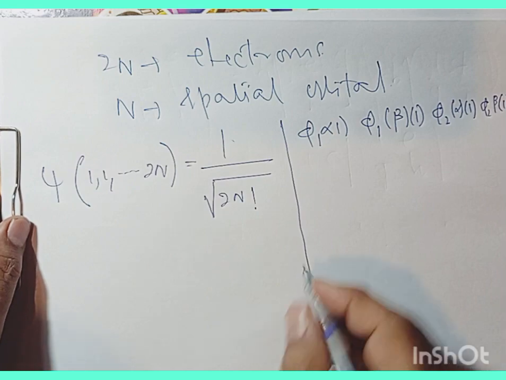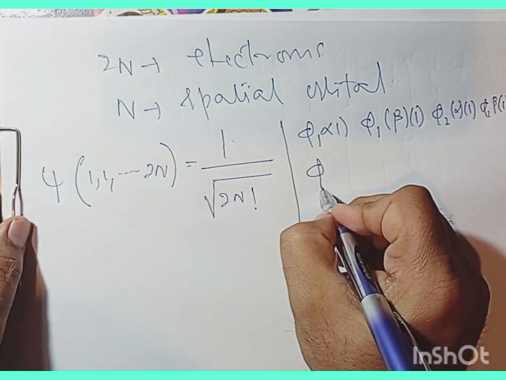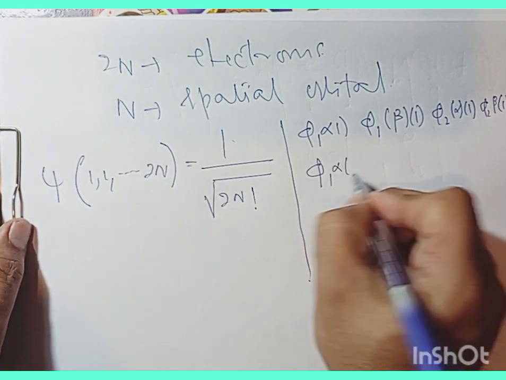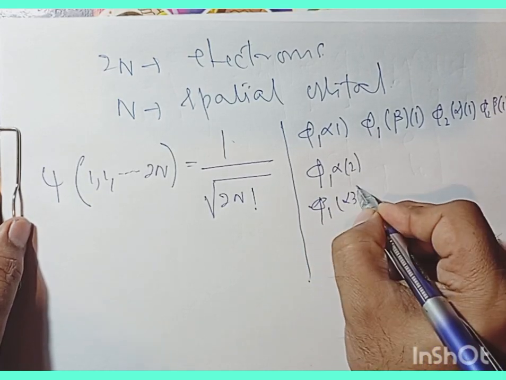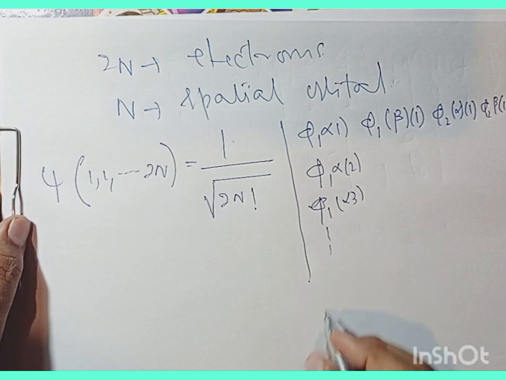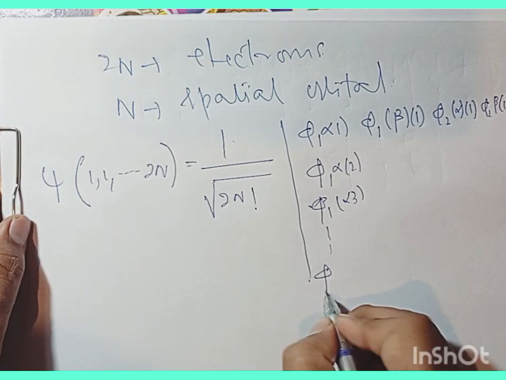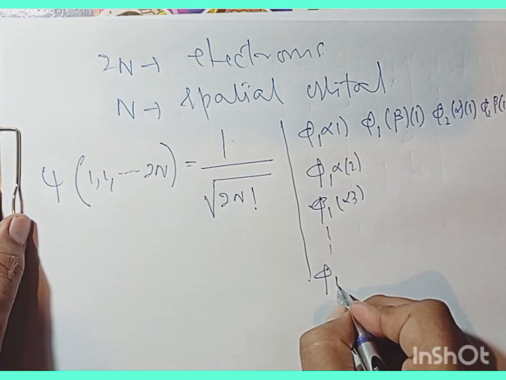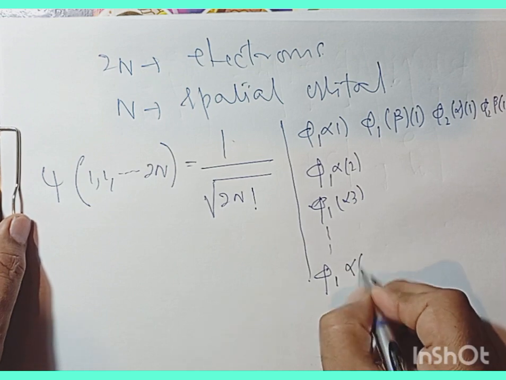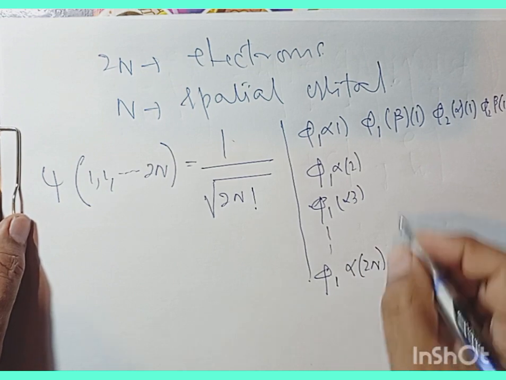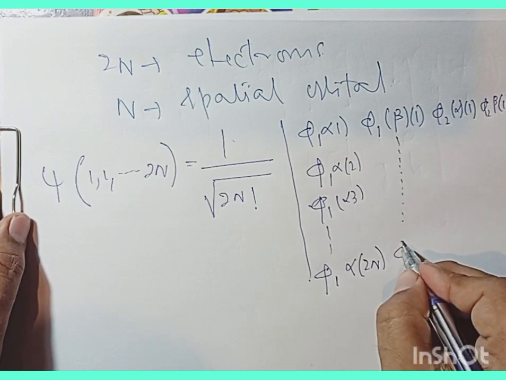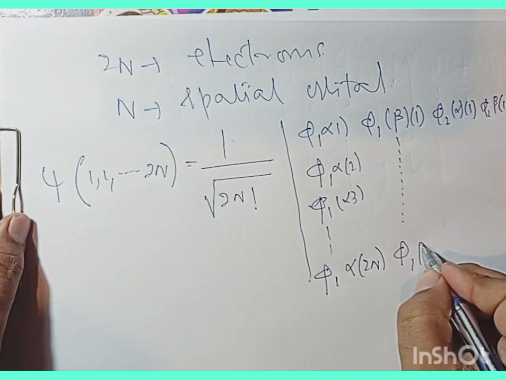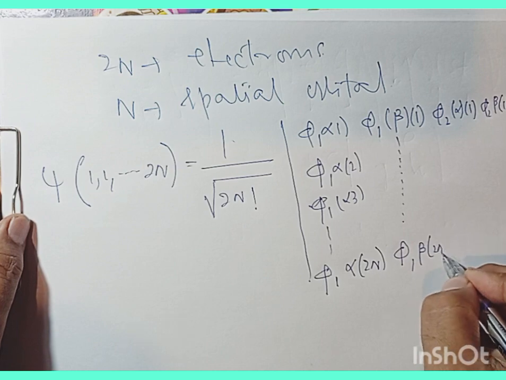So it'll go like this. What will happen here? I can write phi 1 alpha 2, then phi 1 alpha 3, and so on and so forth. What I'll reach here is phi 1 alpha, how many electrons? 2n. Similarly, this will reach phi 1 beta 2n.